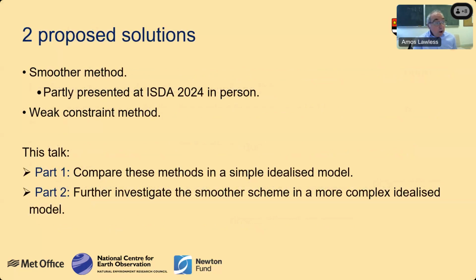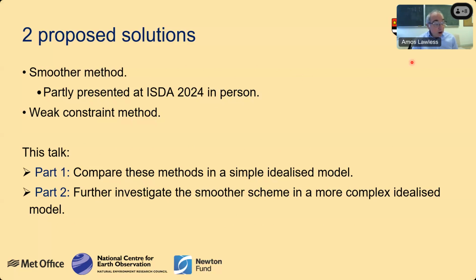So what we've been looking at is two proposed solutions here. One is what we're going to call the smoother method, some of which we presented at the in-person ISDA in Colorado. That should be, I think, not 2024, that should be 2023. But also a new method we've developed based on a weak constraint 4D-Var.